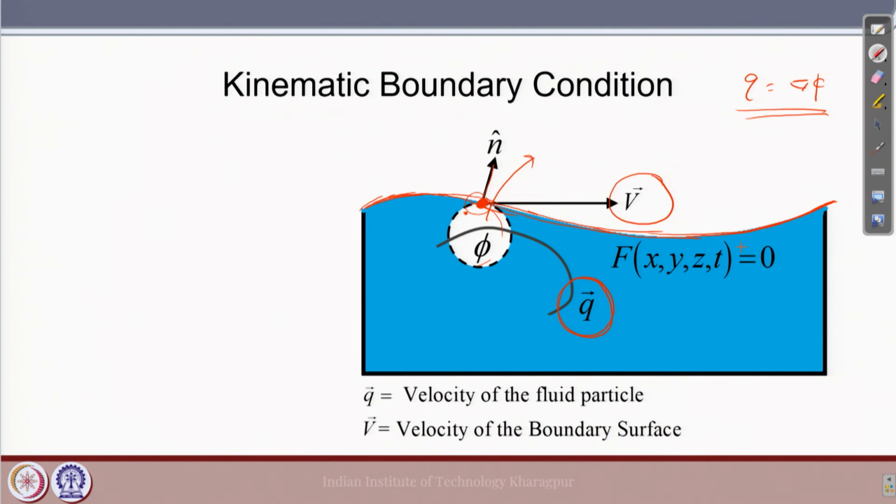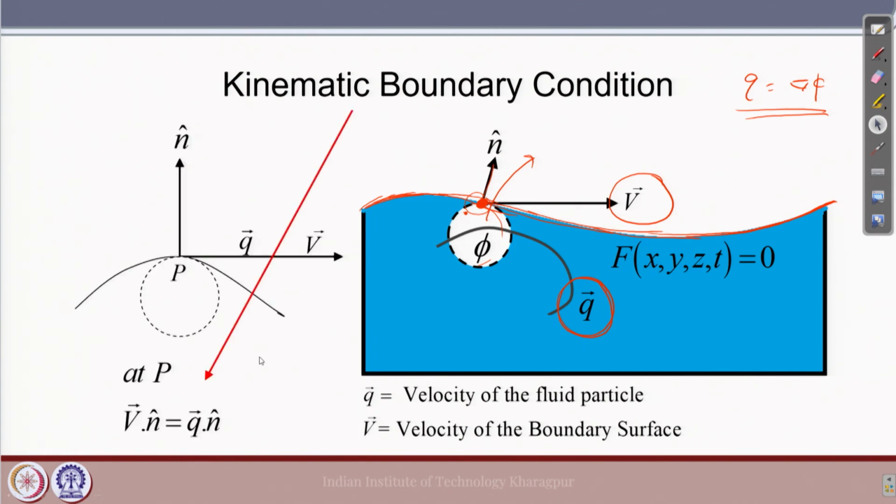What is the condition? We discussed just now how this pen is held by my hand. The idea is that the normal velocity of the boundary surface should be equal to the normal velocity of the particles, right.